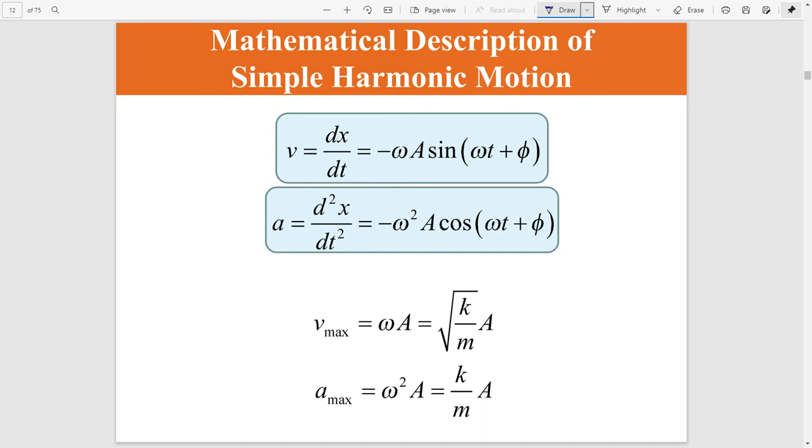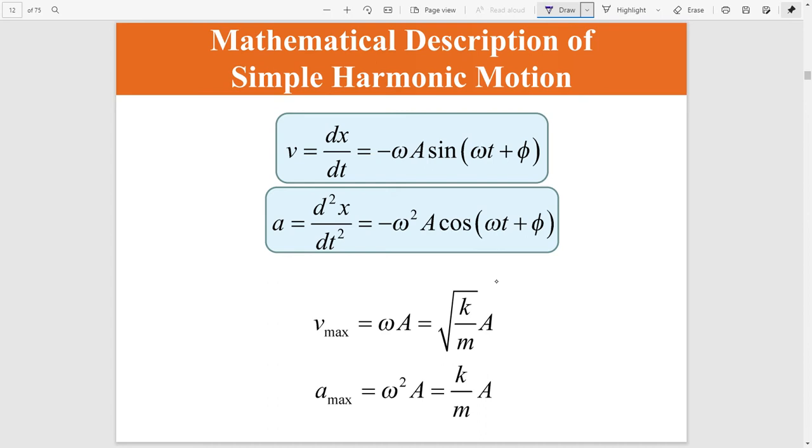The formulas look similar to that of displacement, but there is a negative sign in both, and there's also an angular frequency term in the velocity equation, and for the acceleration equation right below it, we have the square of the angular frequency as well.